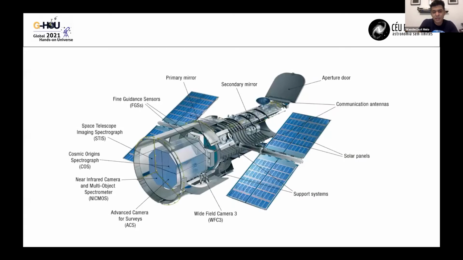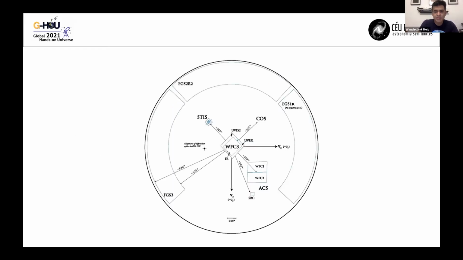So here's a view of the Hubble telescope. You can see that it's one telescope, but there are a lot of instruments there, a lot of cameras, and we can see that here. This is the field of view, and you can see the position of some of the cameras that we're going to use.